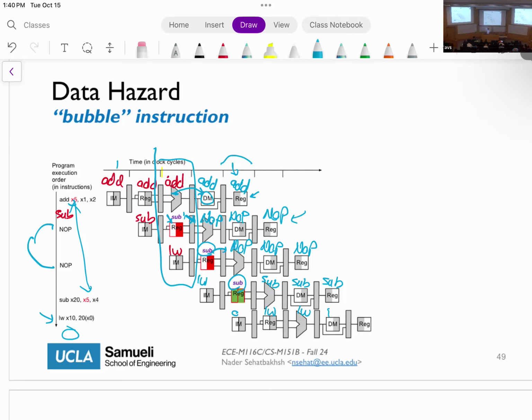As a result, I'm wasting 2 cycles just because there is a hazard. If hazards were rare, this wouldn't be a big issue. But if hazards happen often, then I'm going to have a big performance problem because for every single dependency I'm wasting 2 cycles. So I'm essentially switching back to a single-cycle design because of these dependencies, which I don't like. Yeah.